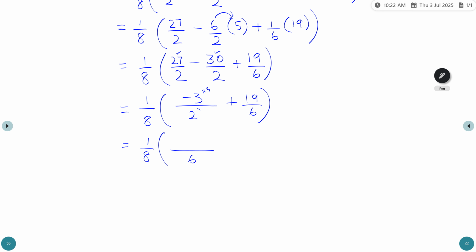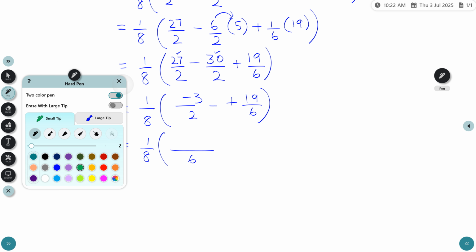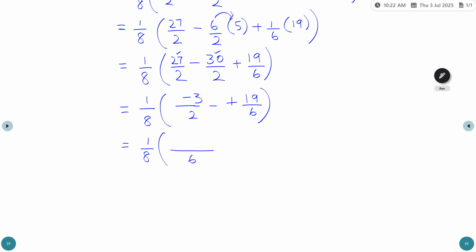The common denominator is 2 into 3, which is 6. So the numerator will be minus 9 plus 19.